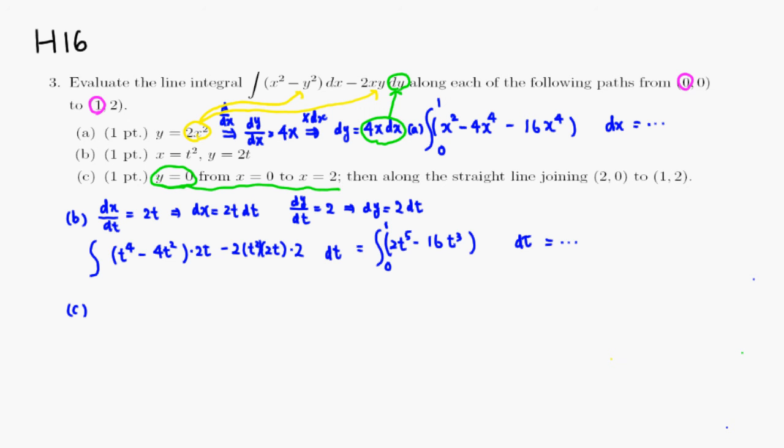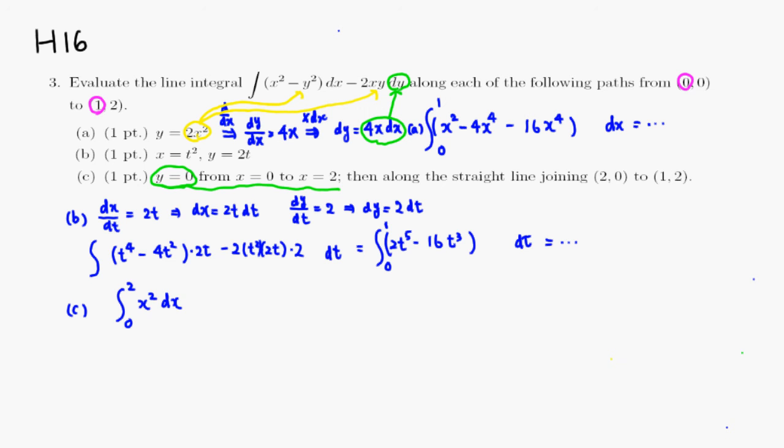So x is going to go from 0 to 2. Then you have x squared and dx, because y is 0, so this term goes away, so you just have dx. And since dy is 0 and y is 0, the second term is just 0. So this is the first one.